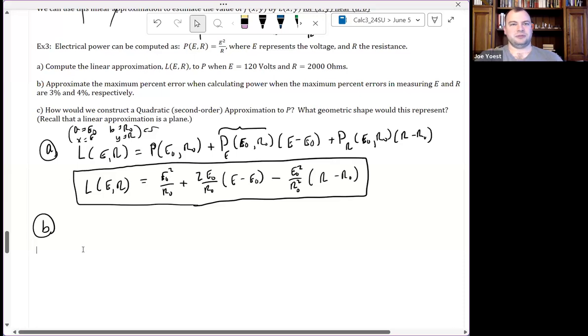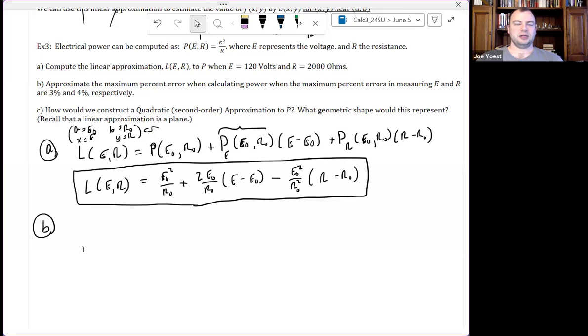So I know that anytime I make a measurement, there's going to be an error associated with it. I have input errors into the function. How do those errors cascade through the function to the output, to the power? If I make errors when measuring the voltage and resistance, how does that translate through to an error in my estimate for the power?